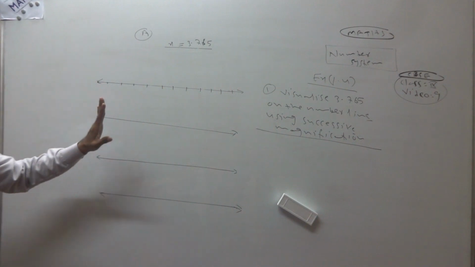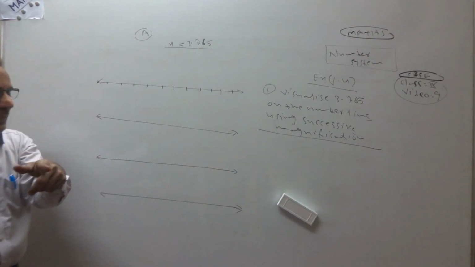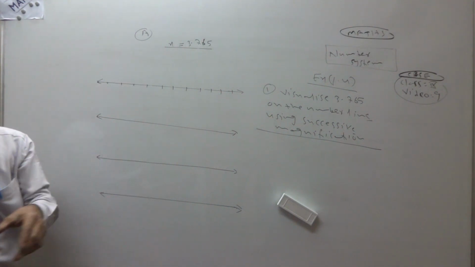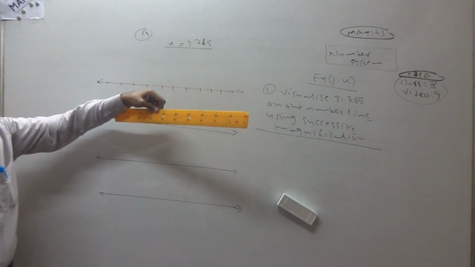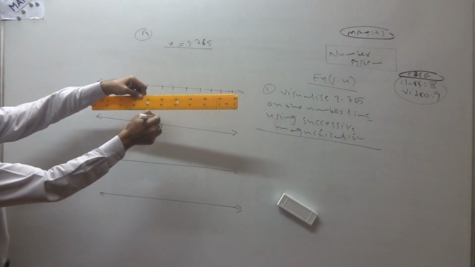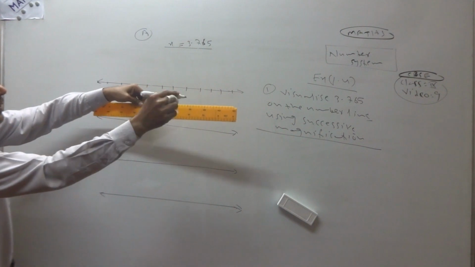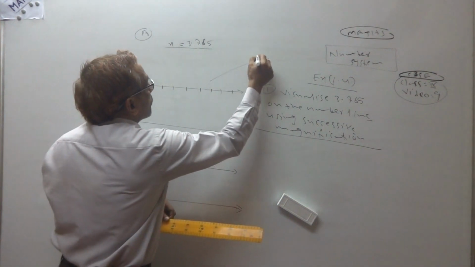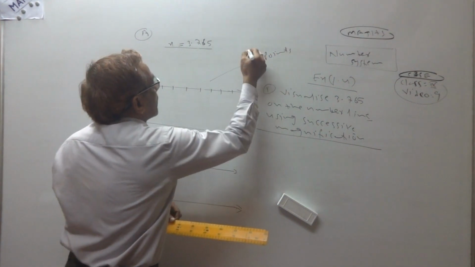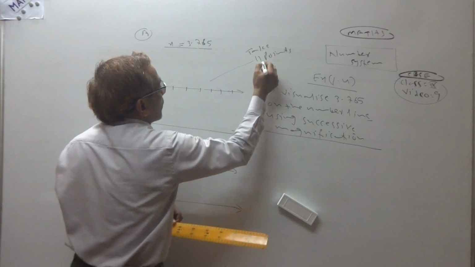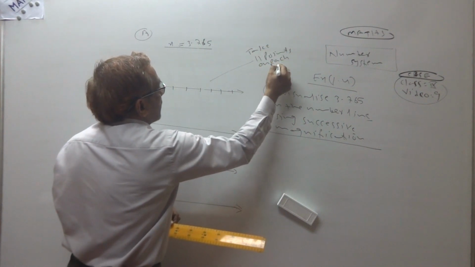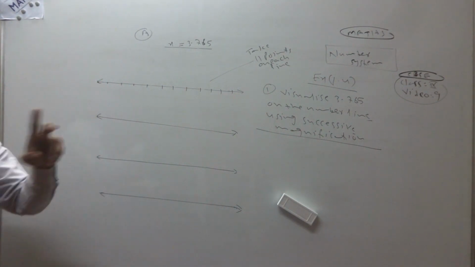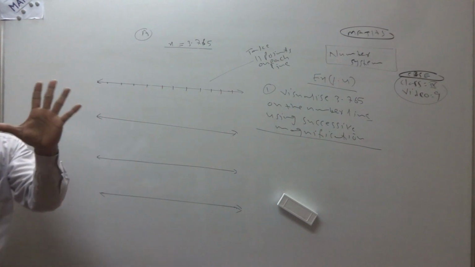You can use a normal scale with 1 centimeter. I am using a big scale here, but you take 11 points on each line. Remember that, don't forget. The reason I will tell you: why take 11 points.